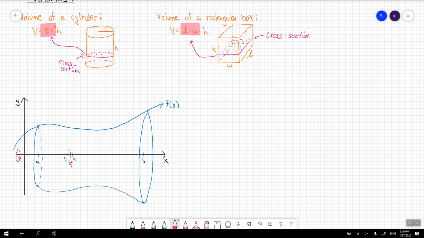Now, what's nice about this then, if we have these rectangles, what we will be creating here is going to be this type of figure here.